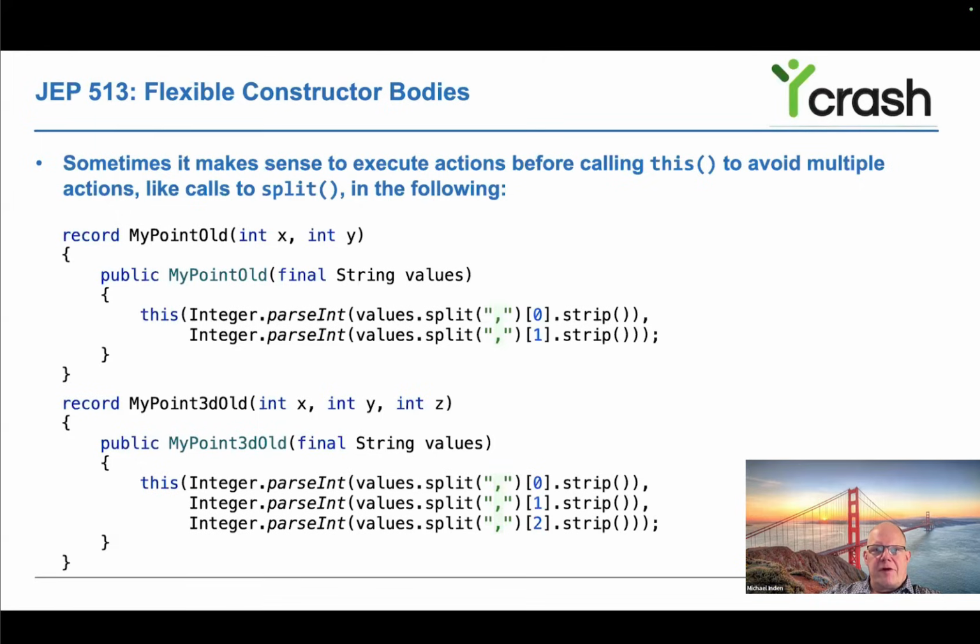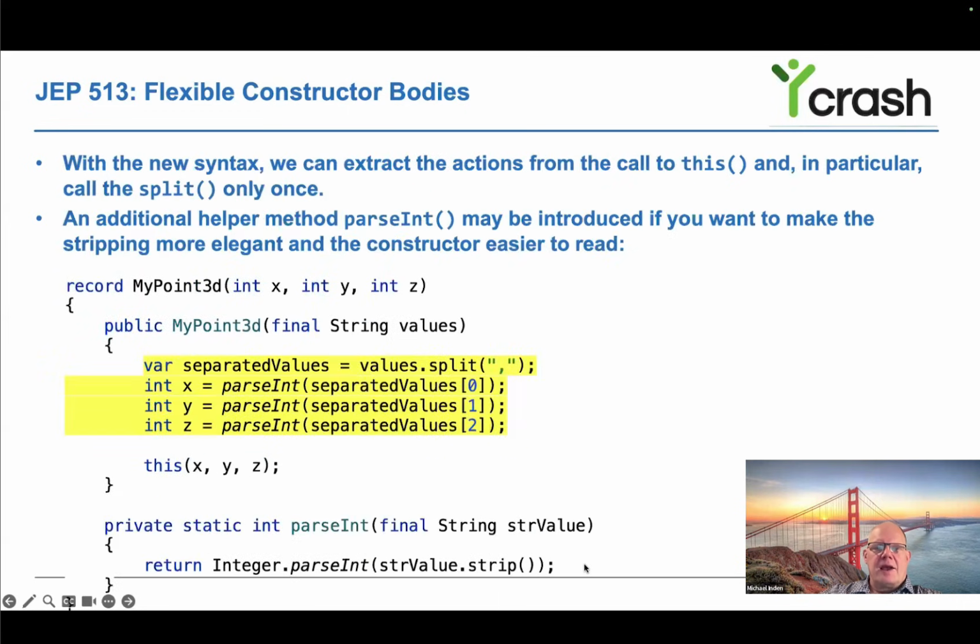If you think of records, then let's say we have a record with two coordinates and one with three coordinates, and we are performing always the same things, and it's really easy to make mistakes, and we are doing all the stuff 2 times, 3 times, and perhaps it would be nicer to do the processing of the individual values upfront and then just call the standard constructor, and we can just define a helper method here.